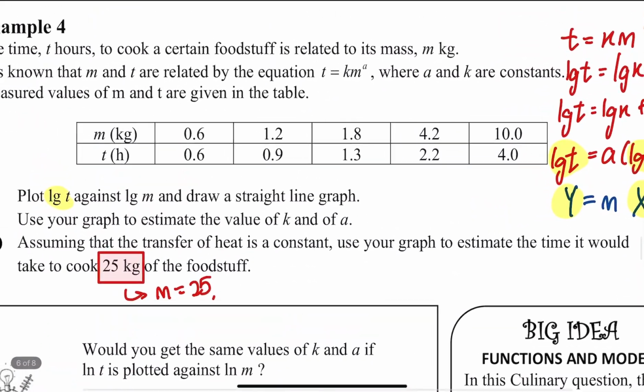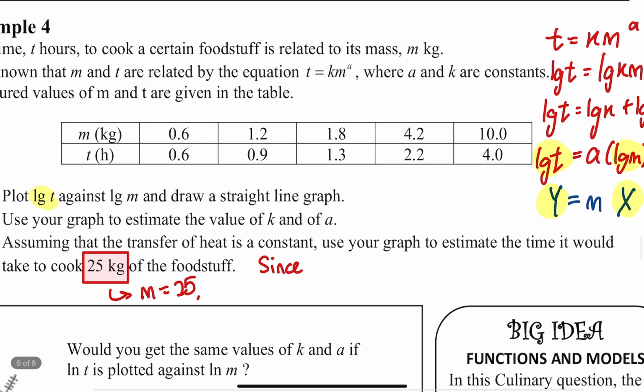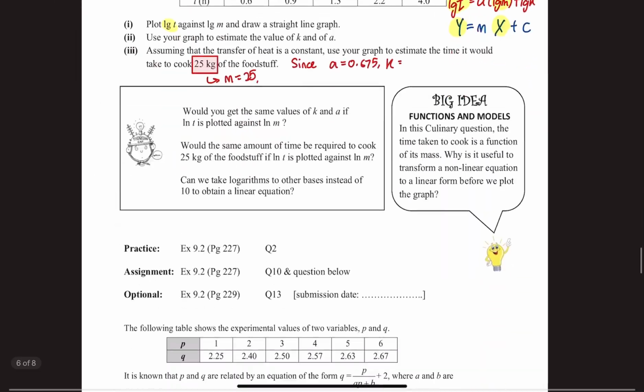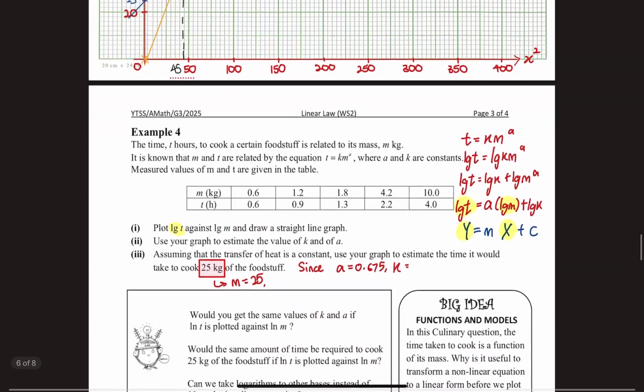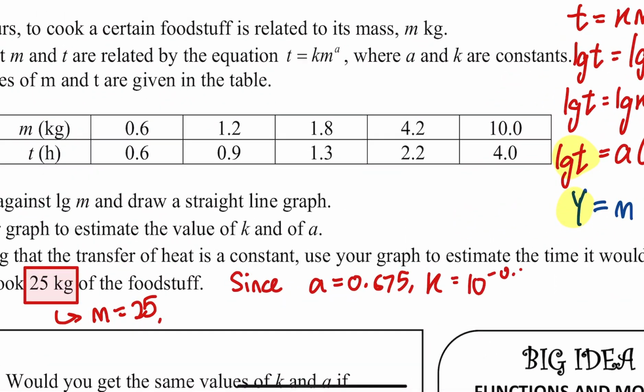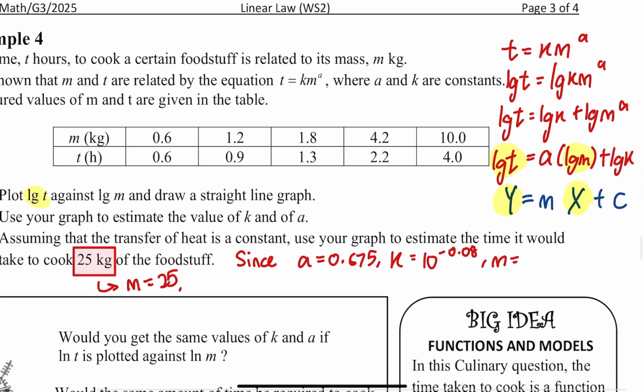Since I know that A equals 0.675, K is equal to, since K is not a nice number, I'll leave it as 10 power negative 0.08, and now the M is equal to 25.